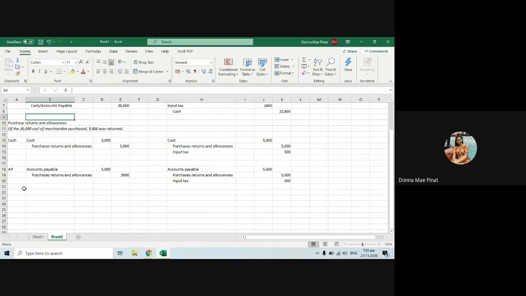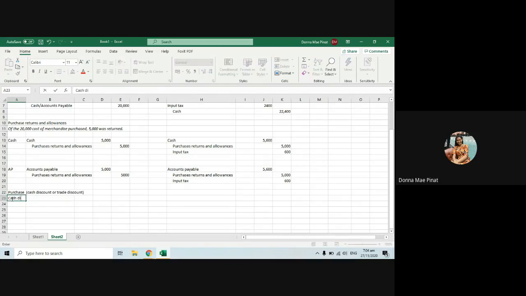How about purchase discounts? If there is a discount. So, for example, same problem. By the way, for purchase discounts, we have 2 types: cash discount or trade discount. For example, let's just take cash discount.